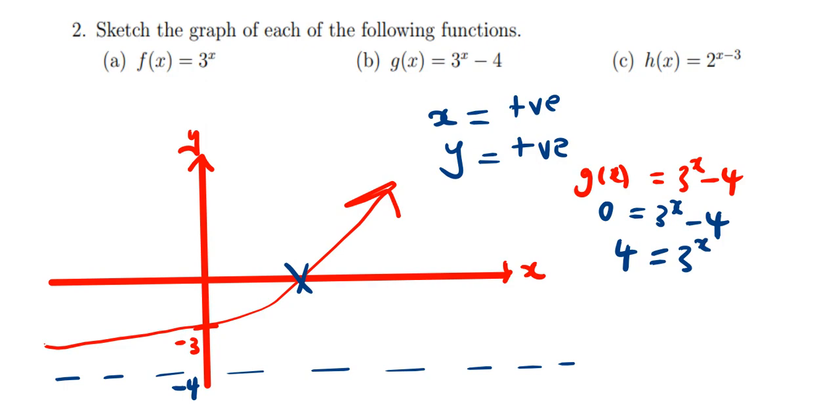Now for my x to drop, I'm going to introduce natural log. If I introduce natural log, this side, natural log of 4, is equal to natural log of 3 to the power x.